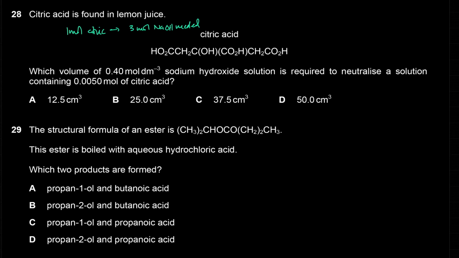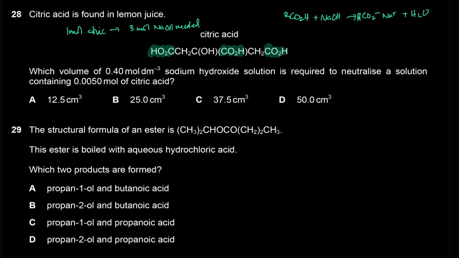Why? Because one citric acid molecule has 3 CO2H groups. For every 1 CO2H group, I need 1 NaOH. This is what the neutralization would look like. For 1 mole of CO2H, I need 1 mole of NaOH. If 1 mole of citric acid has 3 moles of CO2H, I'm going to need 3 moles of sodium hydroxide.